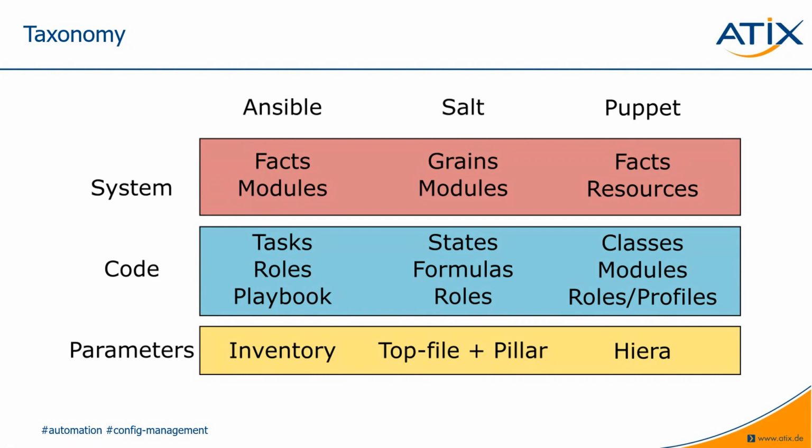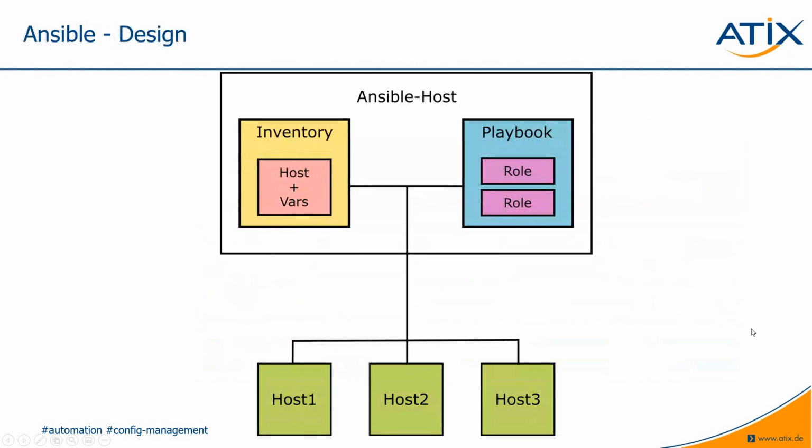So I hope everyone is confused now. So let me just go over how this works exactly with the different tools. So in Ansible, to repeat this, we have something like the inventory and variable files, and the inventory contains all the hosts I want to apply something to, and maybe also already some variables.